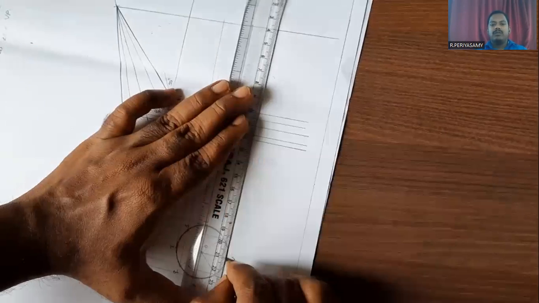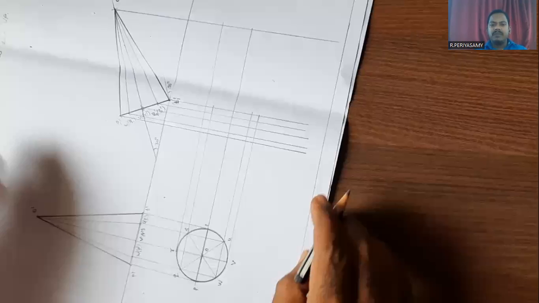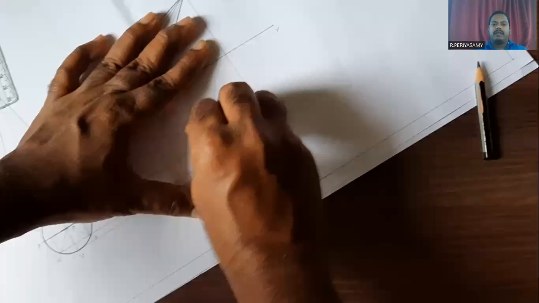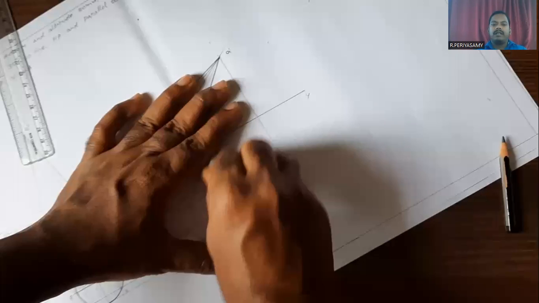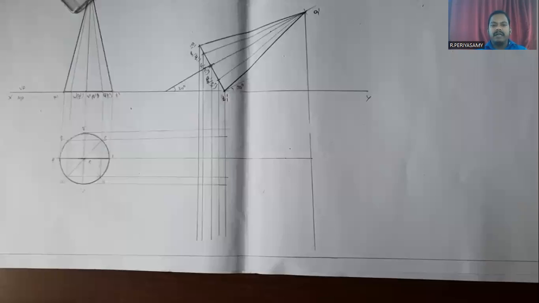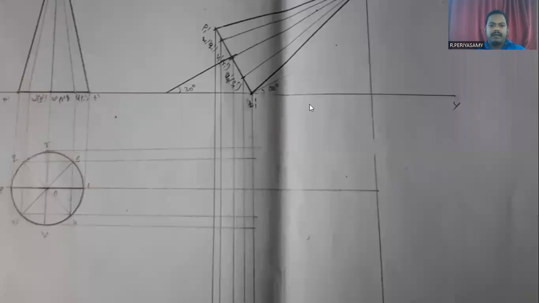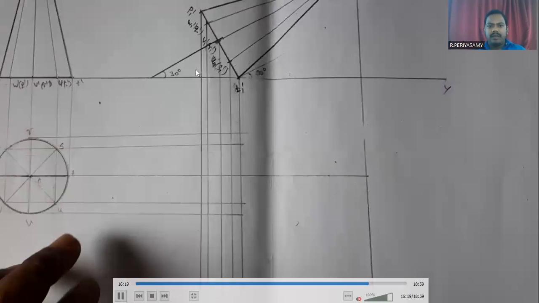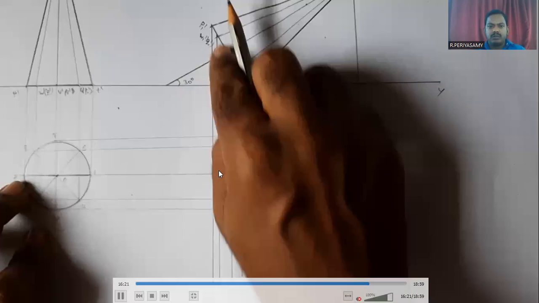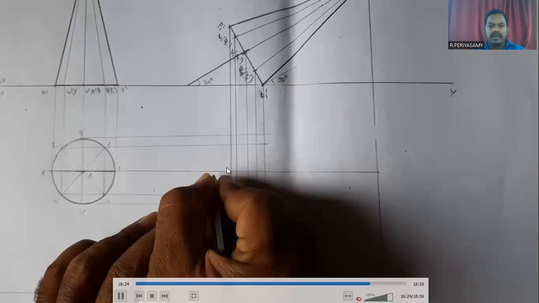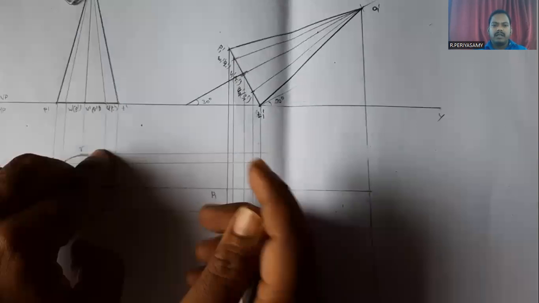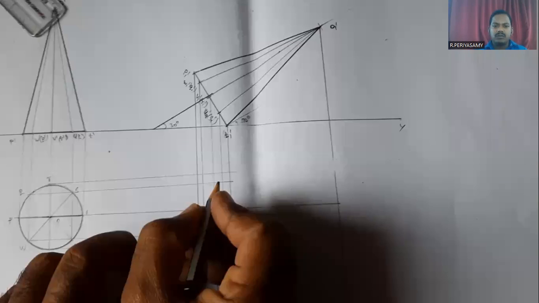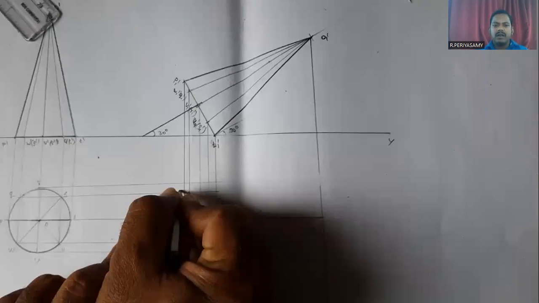Next, we have to mark the corresponding lines' meeting points. Here, this is the P line and here the P1 dash line. These two lines meet here. That point is denoted as P1. Here the Q line and here Q1 dash. These two lines meet here. That point is Q1.